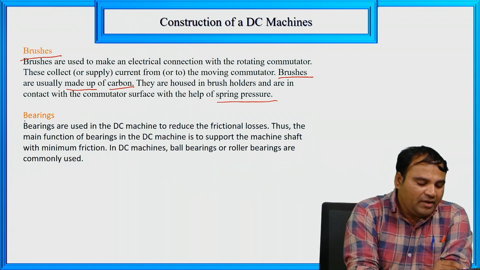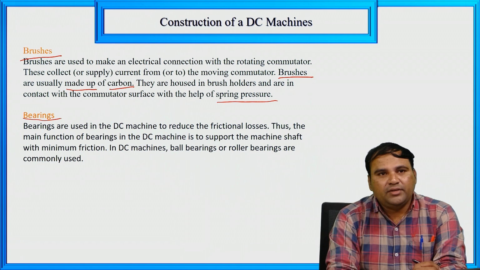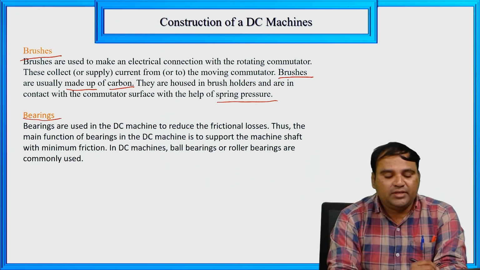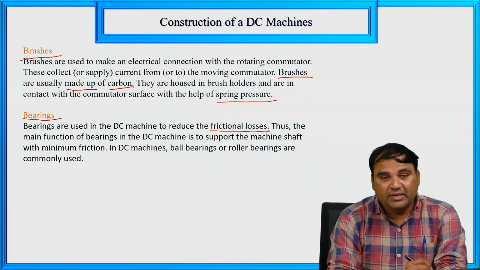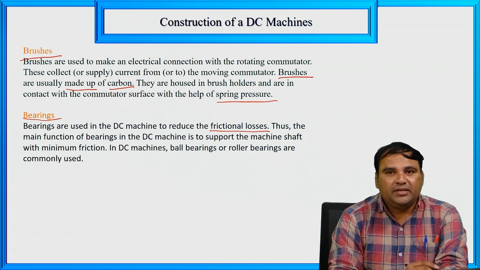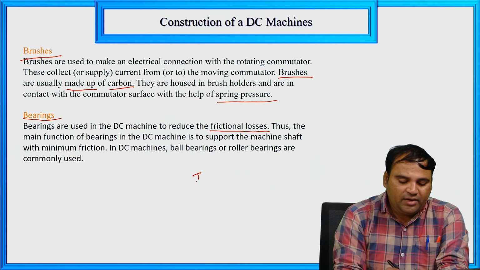We also have the bearings. Bearings are used in the DC machine to reduce the frictional losses. We have different types of losses in a DC machine: iron losses, copper losses, and mechanical losses.